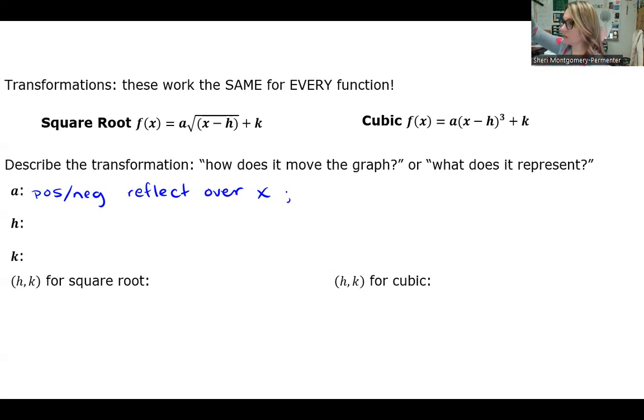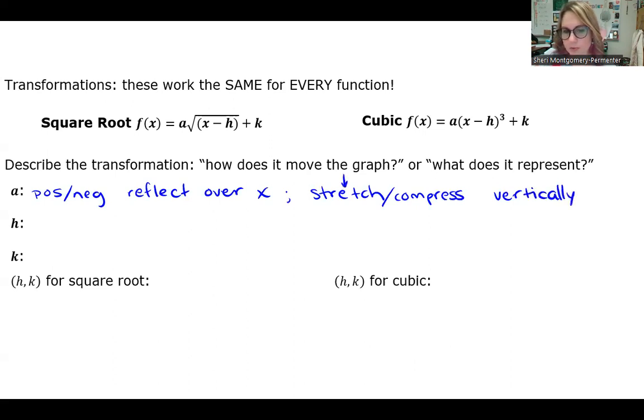What do you think? Not really. It can tell you your speed, so it can stretch you or compress you vertically. So it can be a stretch or compression vertically.